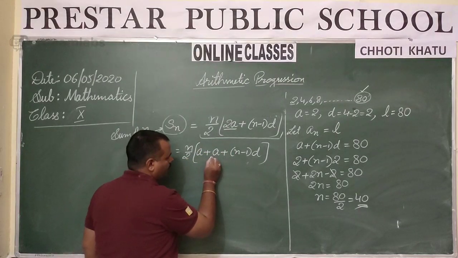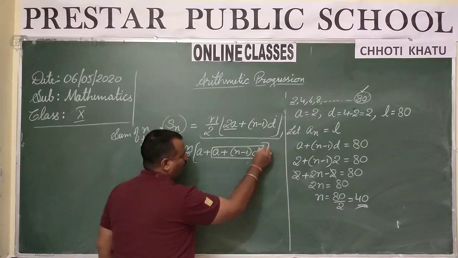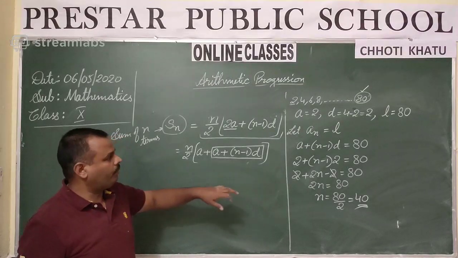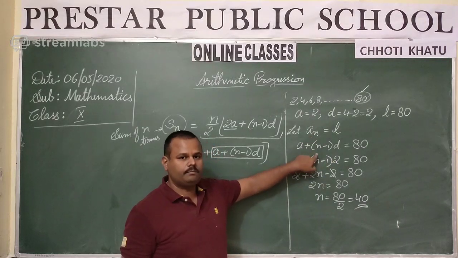Now in this, check this part, a plus n minus 1 into d. What is it? If you remember, a plus n minus 1 into d is the nth term.